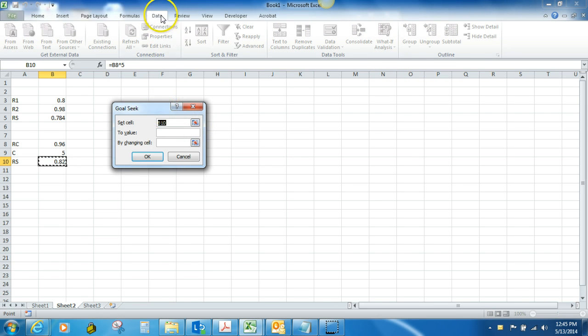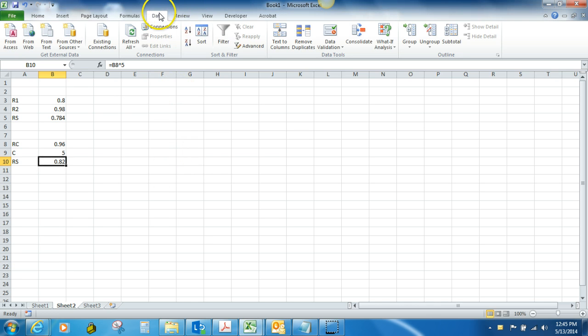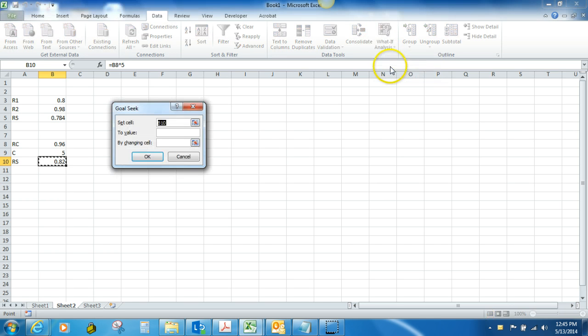So we went to data and we went to what-if analysis. So data, what-if analysis, and we chose goal seek. And we're going to set this value to 0.90. So we're setting our resulting value to the value that we want to find by changing the value of the part.